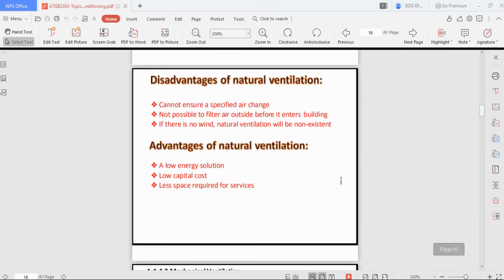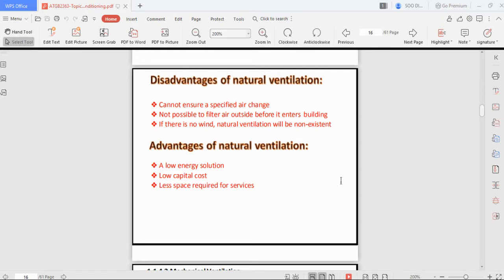Although natural ventilation is good, there's a disadvantage to it. If you do not have wind, then that is a problem with natural ventilation. But if you have an area which is always windy, then natural ventilation is good because wind is cheap.